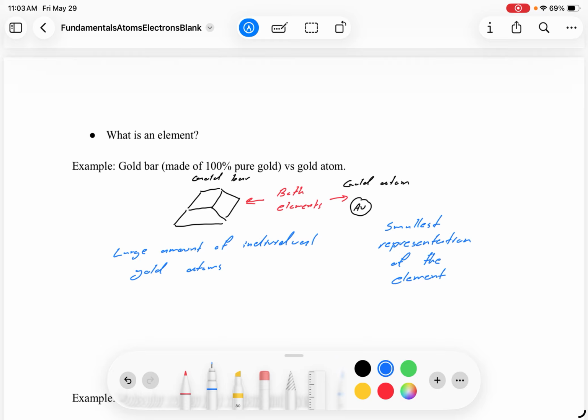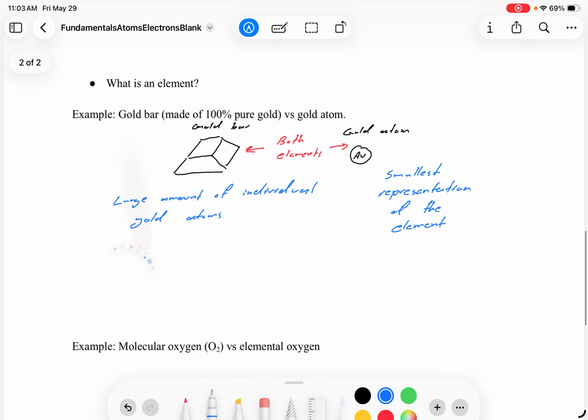An atom is just the most basic, smallest representation of what an element is. The element can be the atom, but it also can be a whole collection of those atoms to make a gold bar. So let's write that down.